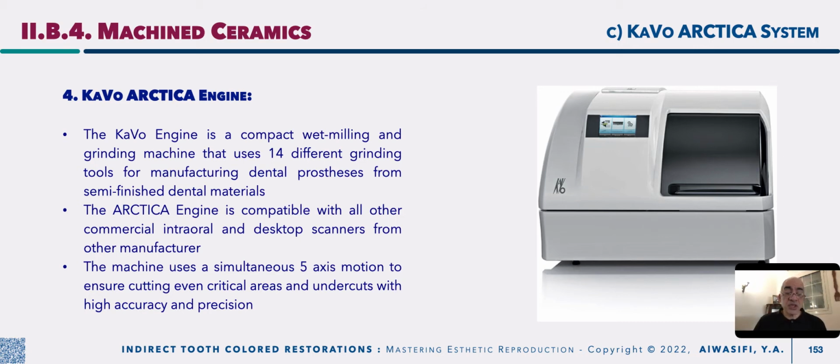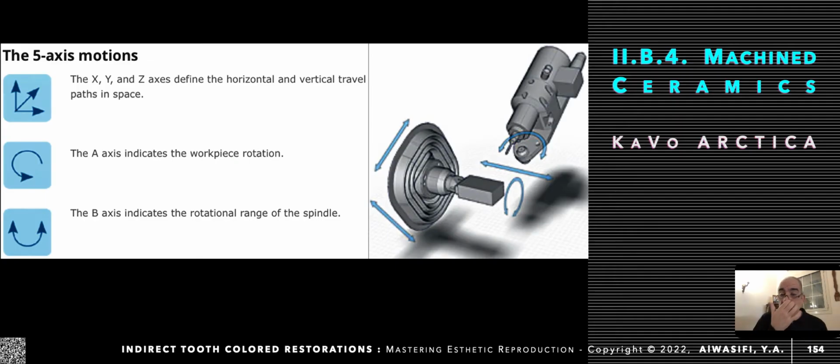The machine, what's amazing is it has a 5-axis motion. How does this come about? The spindle that holds your block moves back and forth, right to left. Those are the XYZ axes.